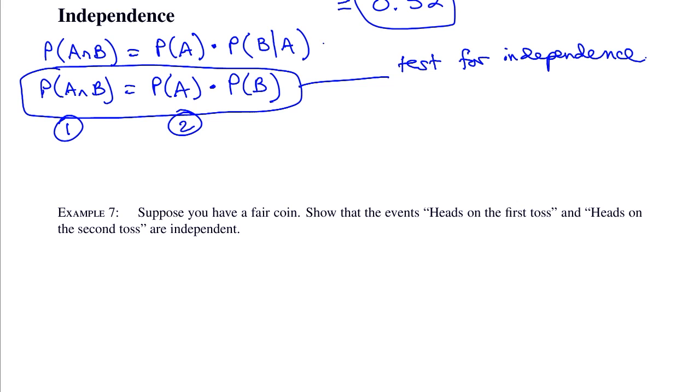If they are equal, they're independent. If they are not equal, they're dependent. Other problems that you will see will say events A and B are independent, calculate some of the following. If they are independent, then you know that this equation is true and you can use it for whatever you need it for.